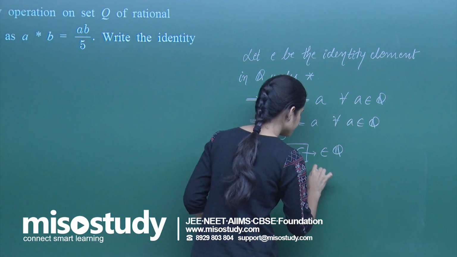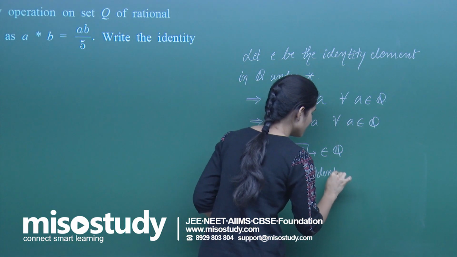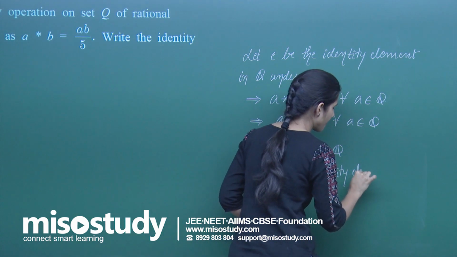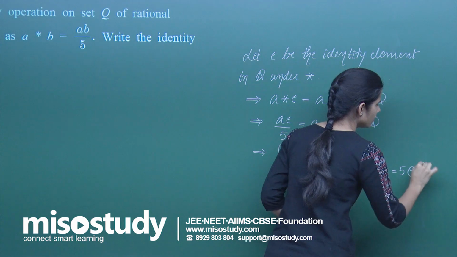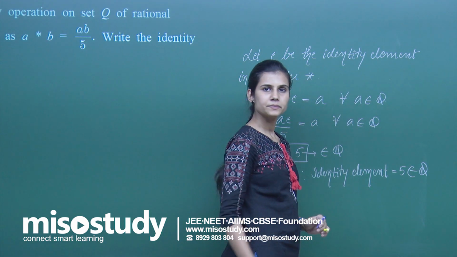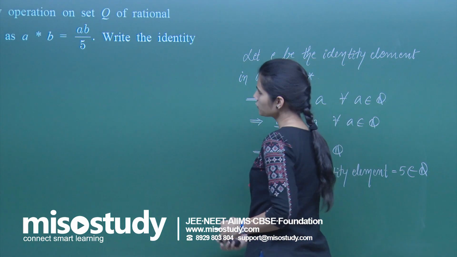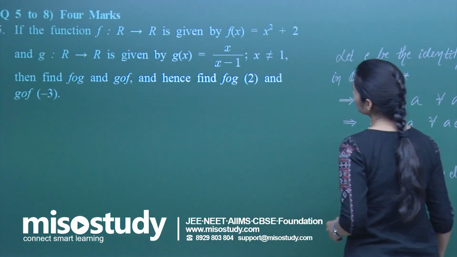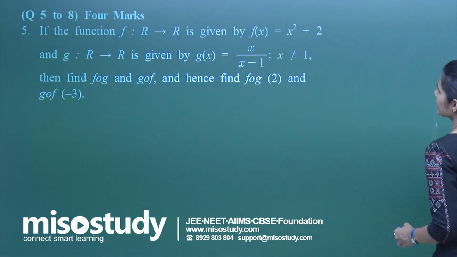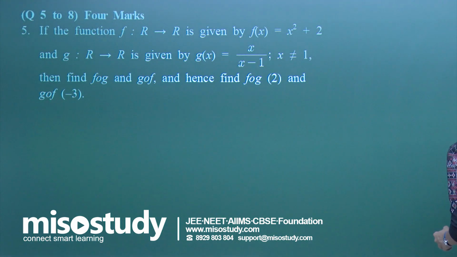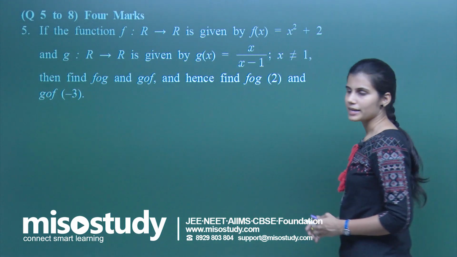Therefore the identity element is equal to 5, which is a rational number. Clear? Next we have, if the functions are given by f of x equals x square plus 2 and g of x equals x upon x minus 1, then find FOG and GOF and hence find FOG of 2 and GOF of minus 3.